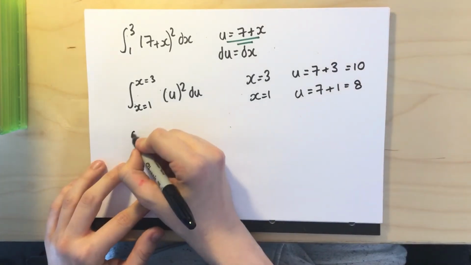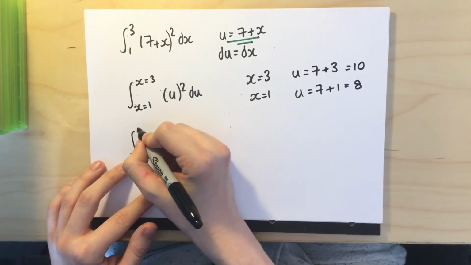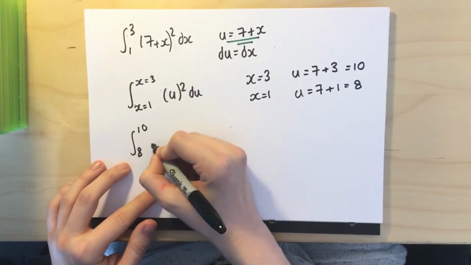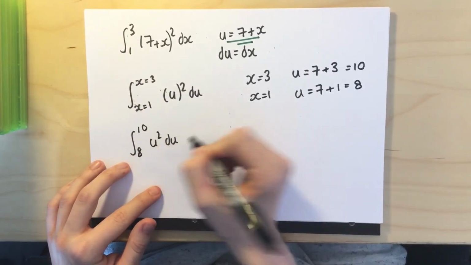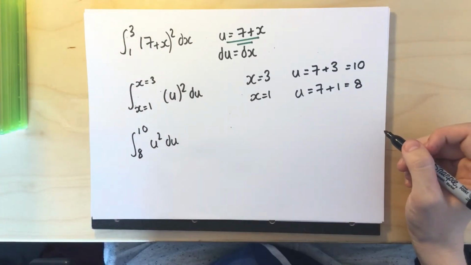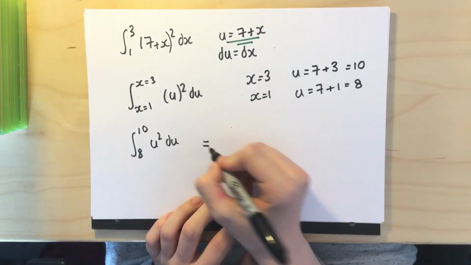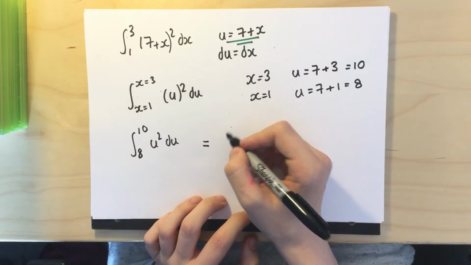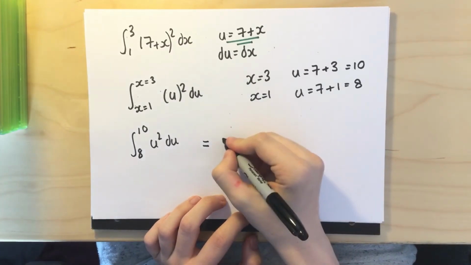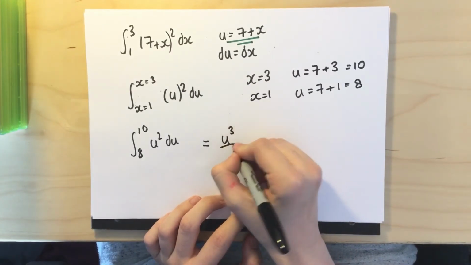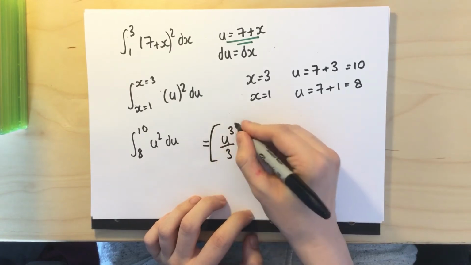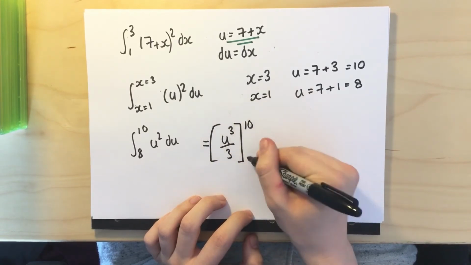So now we can just rewrite our integrand as we have up here. 10, 8 u squared du. Now we know how to integrate this u squared. We can just use the power rule that we used in the last video. So we'd have u cubed over 3 between the limits 10 and 8.